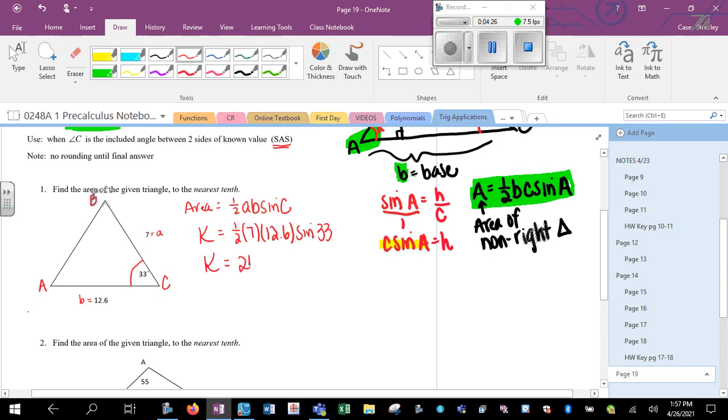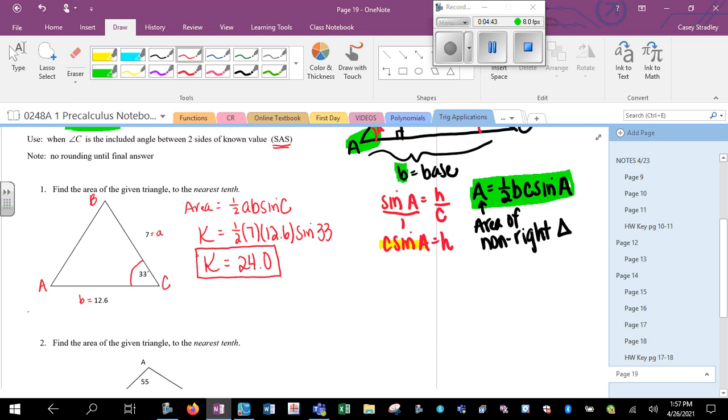And that is the area of my triangle. Look at how much easier that was than all the work you had to do for question 2 on Wednesday's assignment.